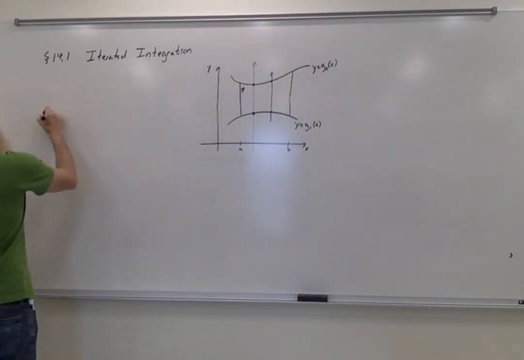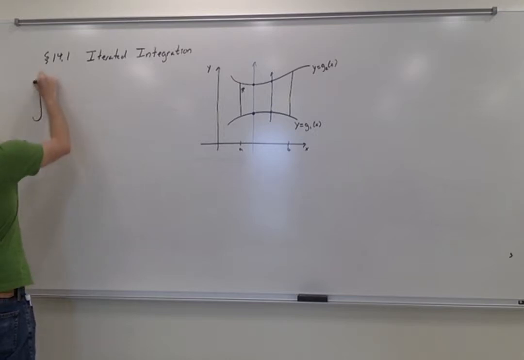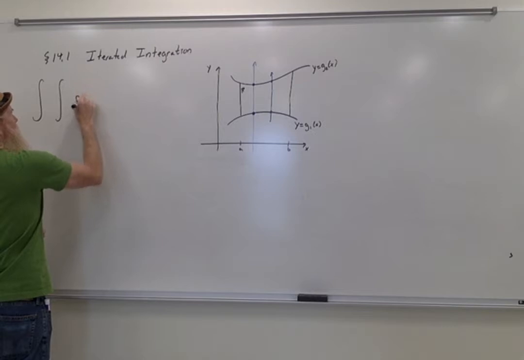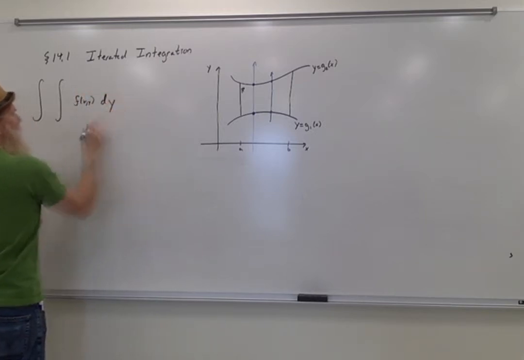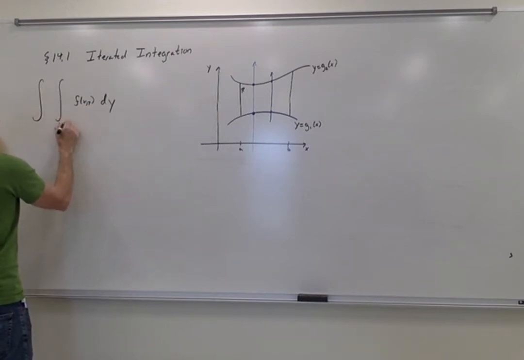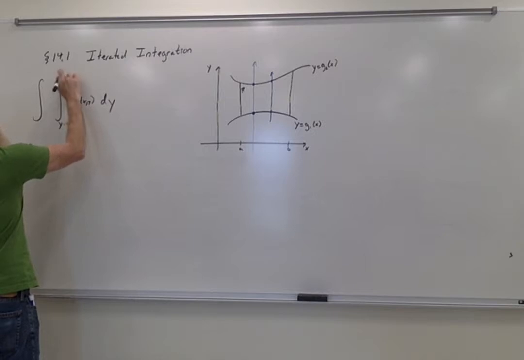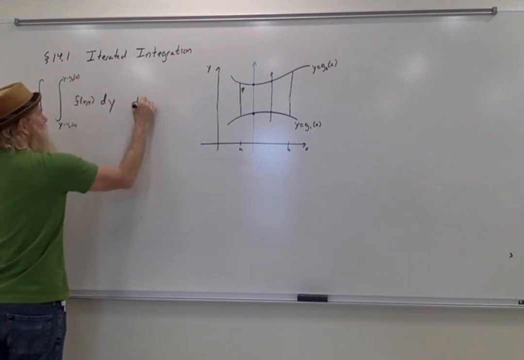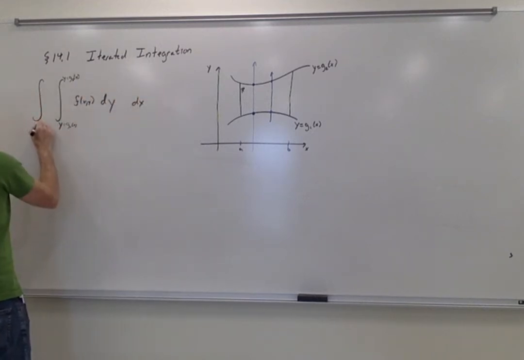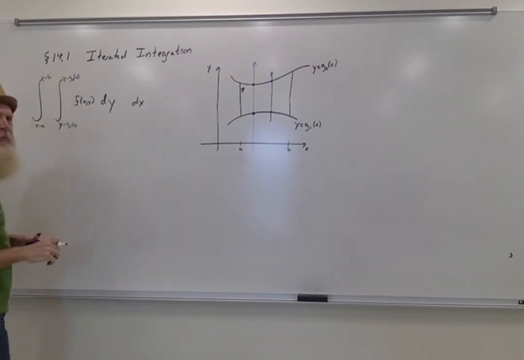The way that this can be described in integrals is on the inside, we'll be integrating some function f of x and y as y goes from g1 of x to g2 of x, and the outside integral will represent that x is going from a to b.